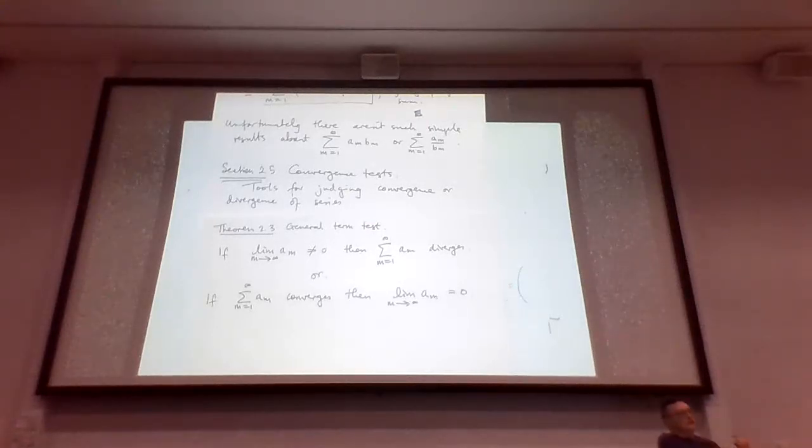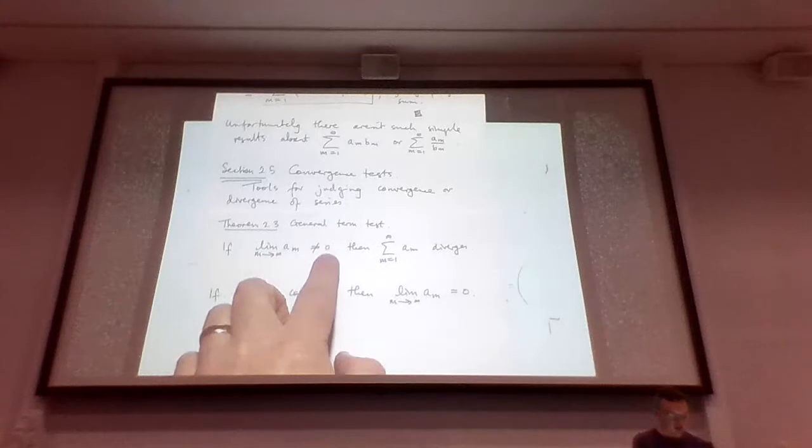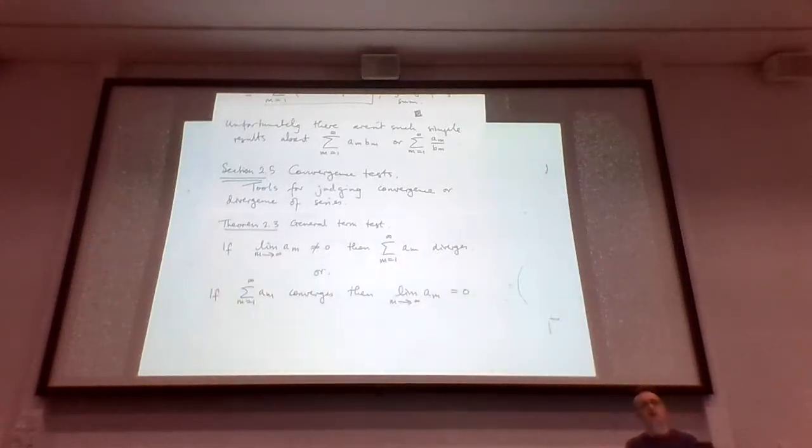As mathematicians, we have to be careful and precise. There's a link here between the terms converging to zero and the series converging or diverging. But the link goes in a certain direction. If the series converges, then the terms converge to zero, or expressed a different way, if the terms do not converge to zero, then the series diverges.